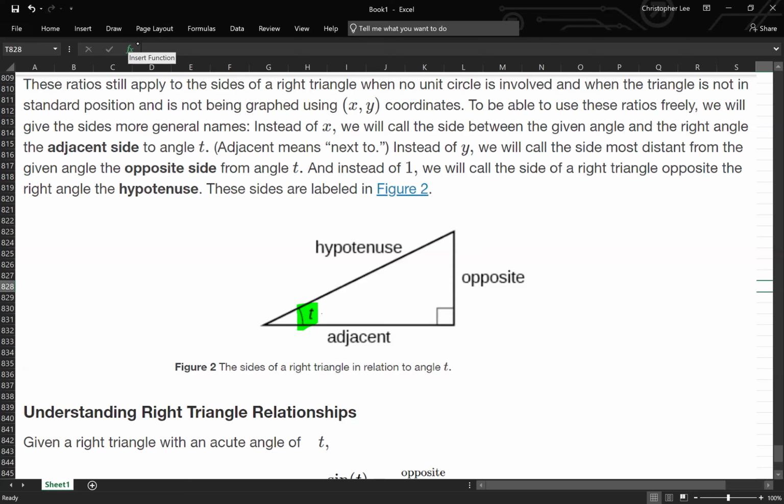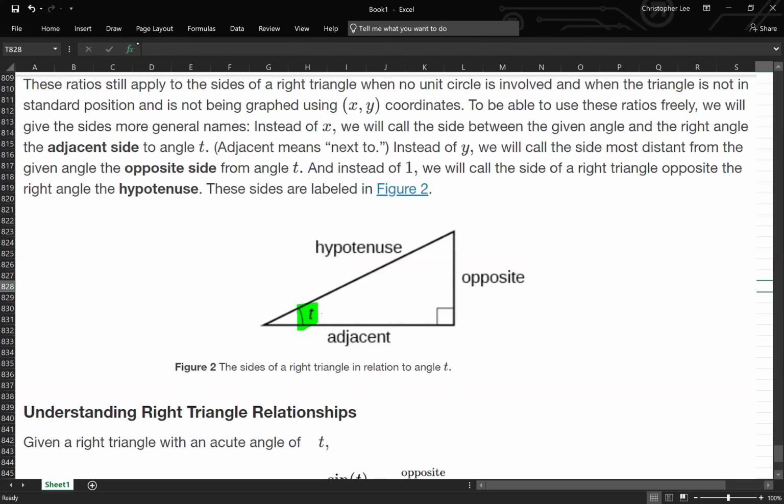And then I'm going to ask you questions based on which angle it is. It could be this angle or it could be this angle up here. In this case for T, opposite angle T is this leg. Adjacent to angle T is this leg, all right? Adjacent means next to, opposite is away from, okay?